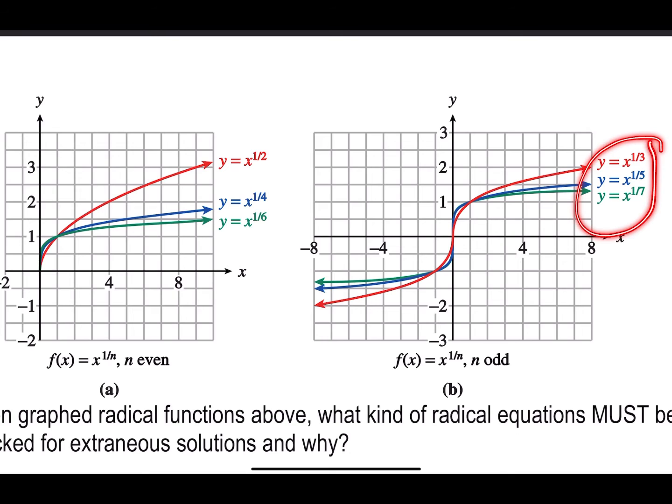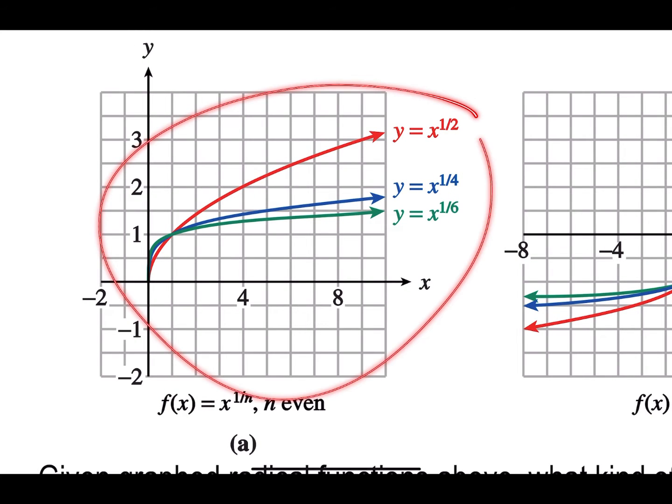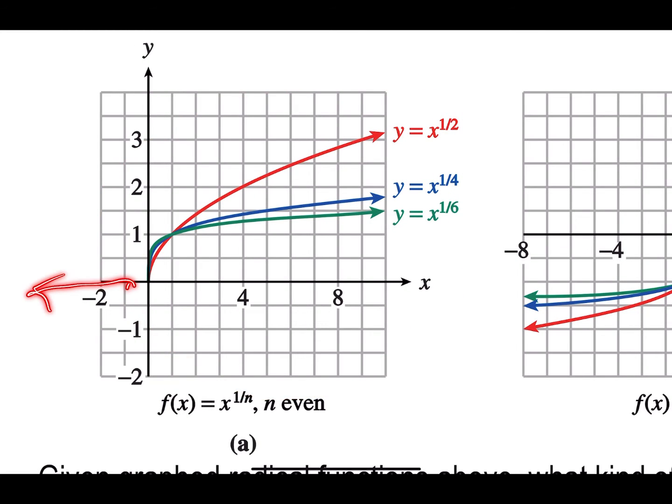Notice every single odd root, every single odd radical exists in the negative direction of their domain and also exists in the negative direction of their range. You're allowed to plug in negative x values and out come negative y values. Whereas every single even radical function, nothing exists in the negative direction in either domain or range.